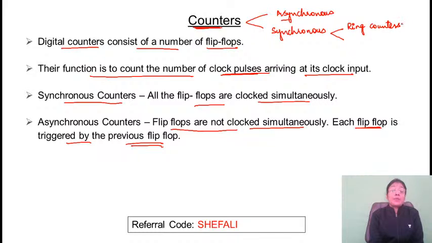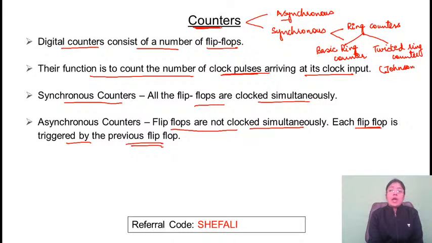One is known as the basic ring counter and other one is known as the twisted ring counter. Twisted ring counters are also known as Johnson counter, walking counter, creeping counter, and so on. Lot many names are there.